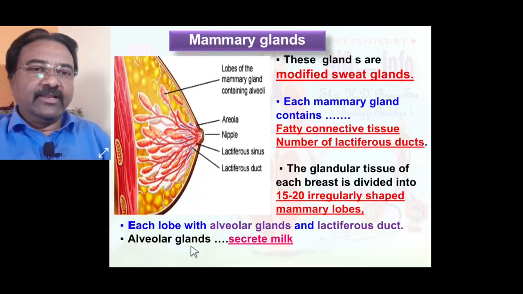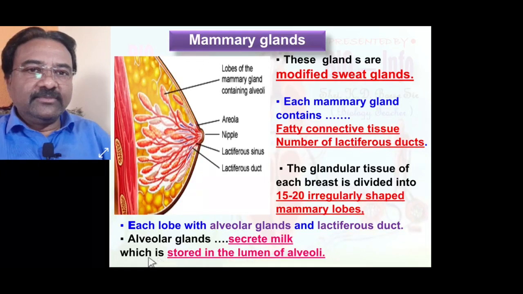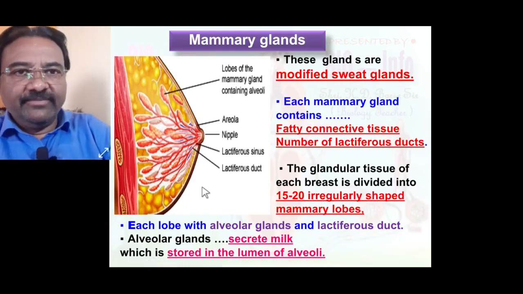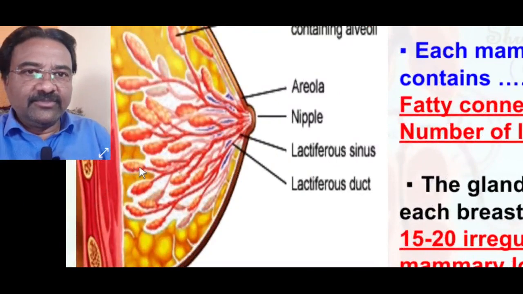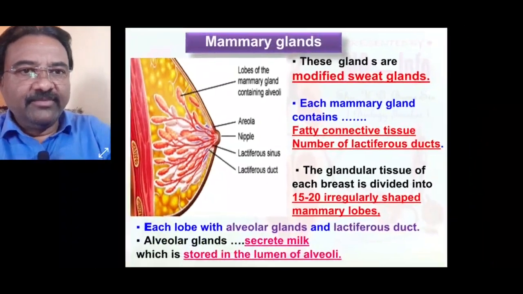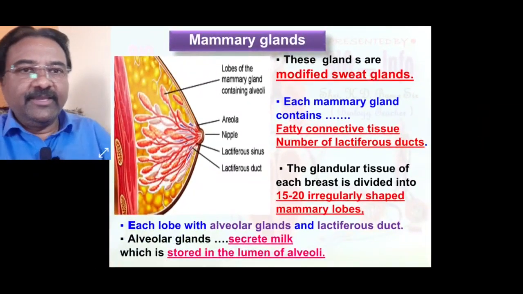Alveolar gland secretes milk, which is stored in the lumen of the alveoli. So these are the different alveolar glands. Inside them the lumen is shown. So the secreted milk is stored inside the lumen of the alveoli.